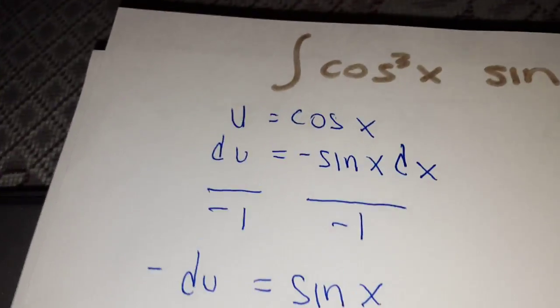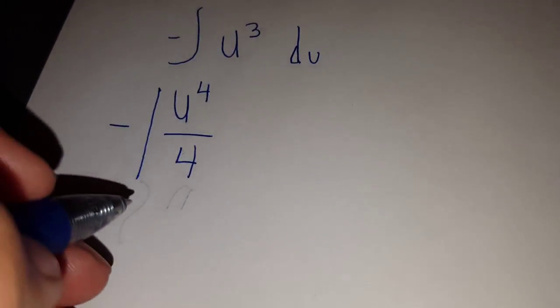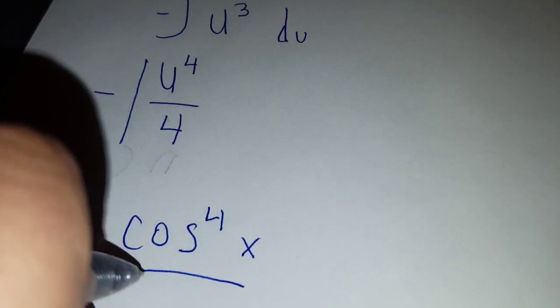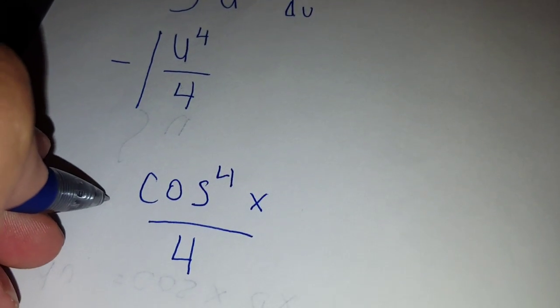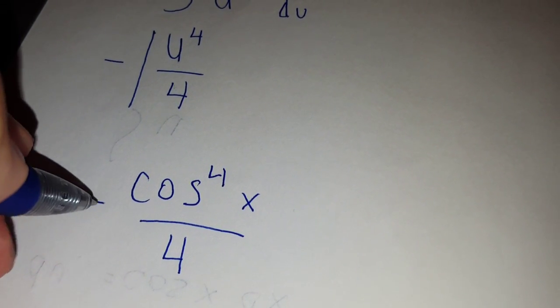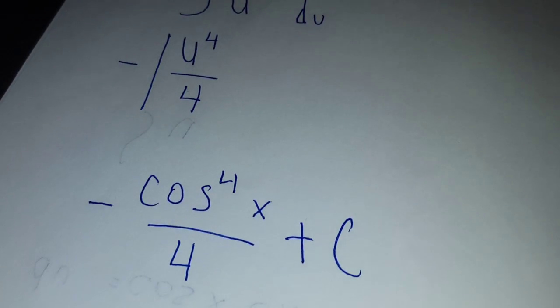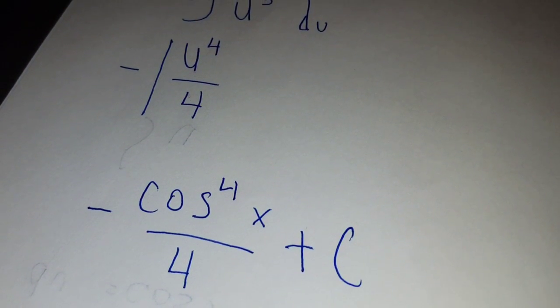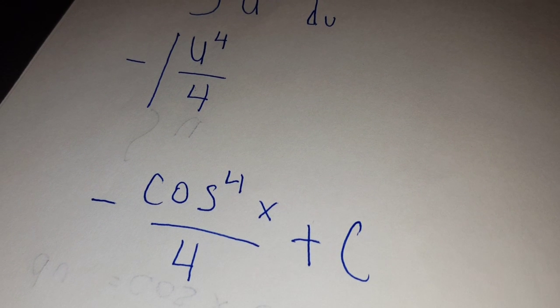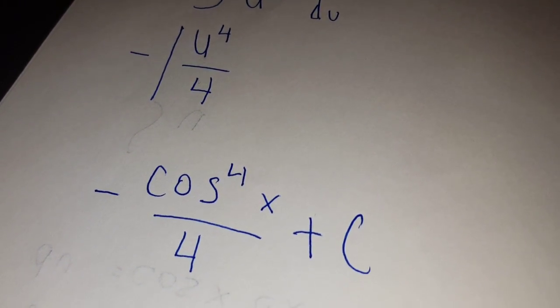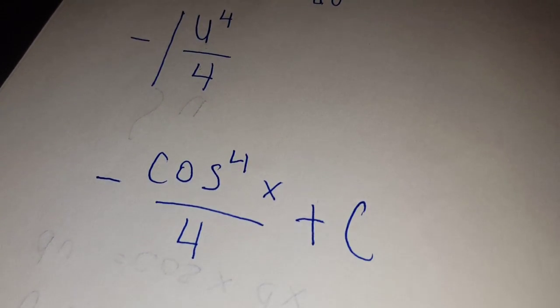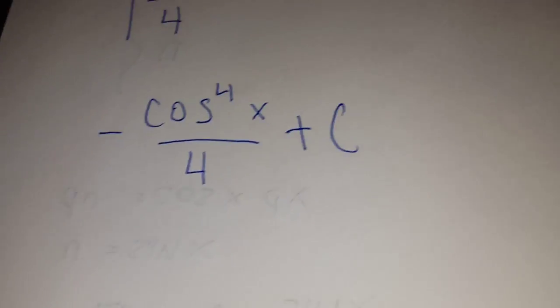So our u, once again, is cosine of x. So that's cosine to the 4th power of x divided by 4. And that negative stays the same. And then all we have to do is plus c. Now I will be making another video where we would change the bounds, or do this and then plug in the values for the integral, but that's in another video.